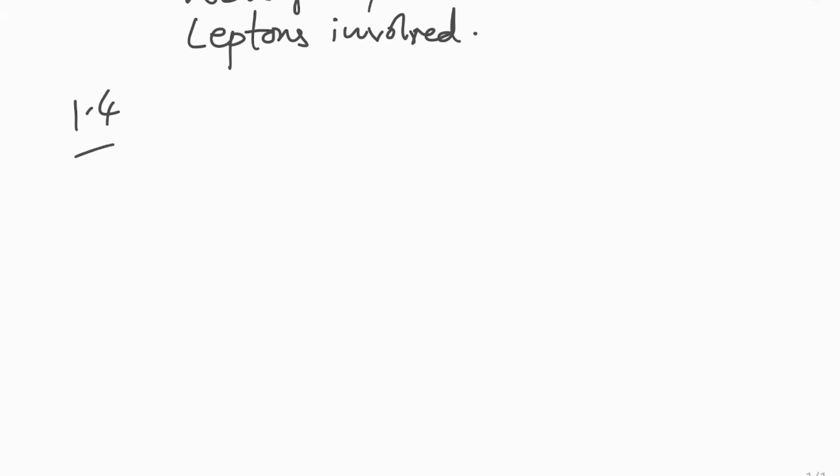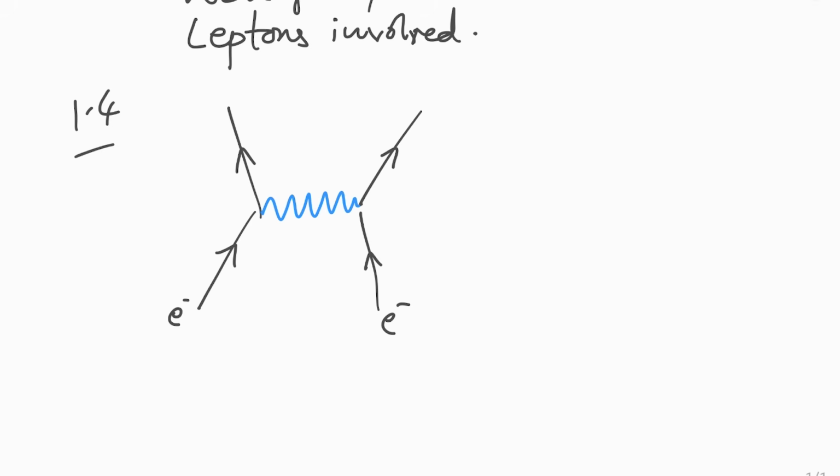1.4. The forces between two moving electrons cause their paths to change. Explain using the concept of exchange particles what happens when the electrons pass. This is quite an unusual question, actually, but if we were to draw the Feynman diagram for it, we'd have an electron there, an electron there. They come near each other and then they repel each other. And the idea is, in the model of QED, quantum electrodynamics, what is it that causes them to repel?